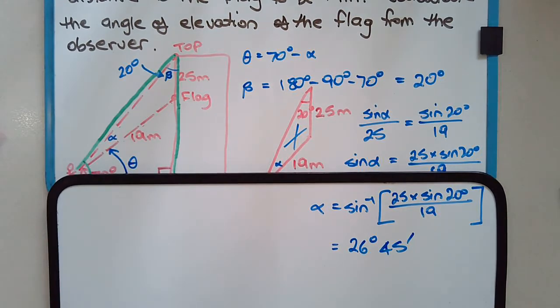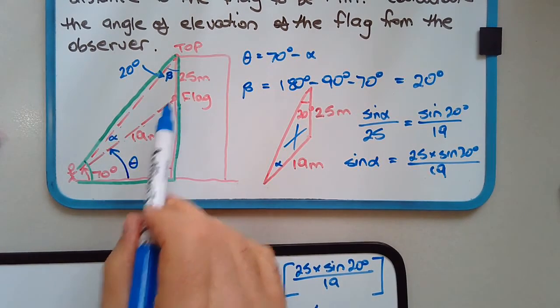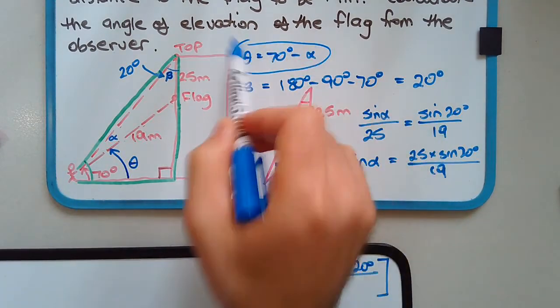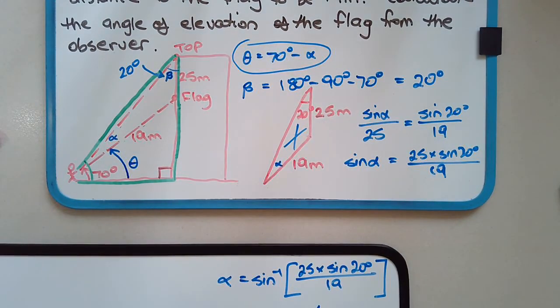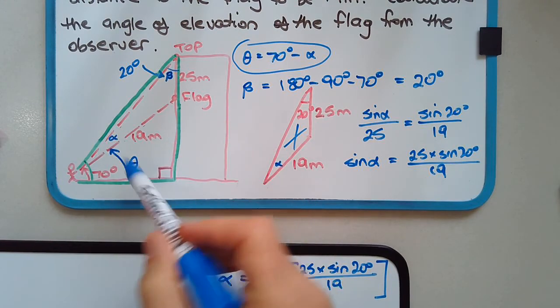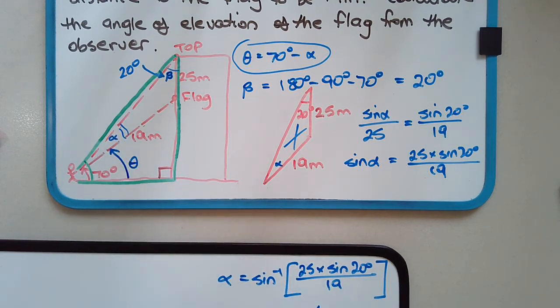So now we want the angle of elevation of the flag from the observer. We need to use what we discovered early on, that the angle theta, which is the angle of elevation that we want, is 70 degrees minus this angle alpha there.